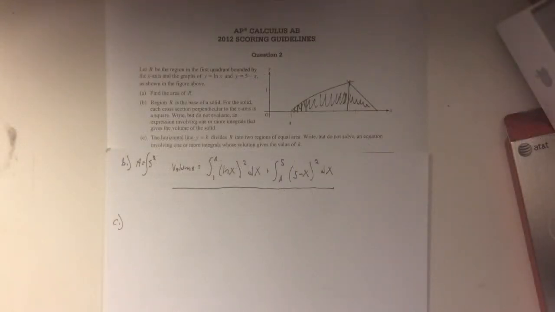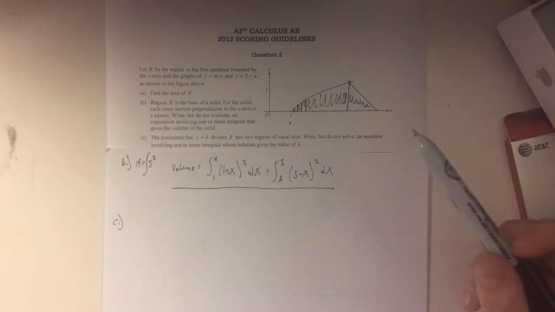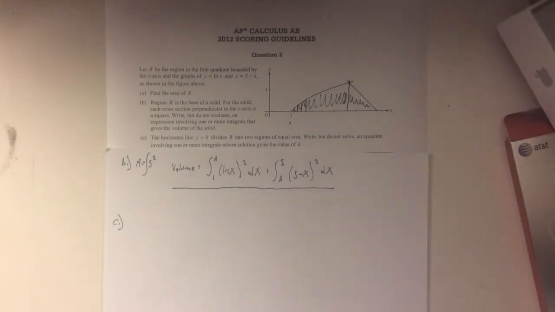Alright, so for our last part, part C, it tells us that the horizontal line y equals k divides region R into two regions of equal area. And we have to write, but do not solve, an equation involving one or more integrals whose solution gives the value of k.